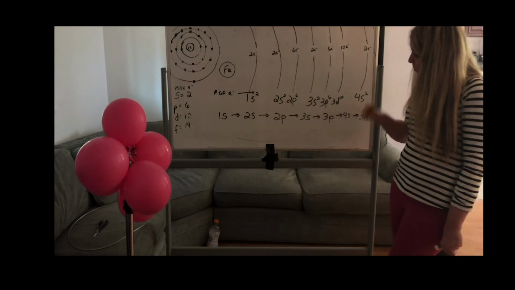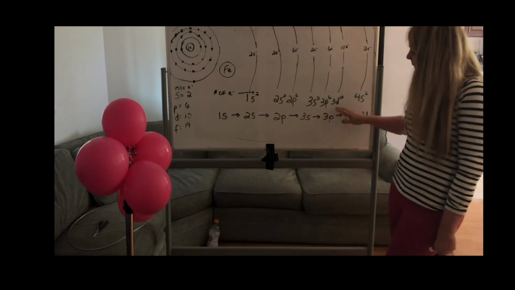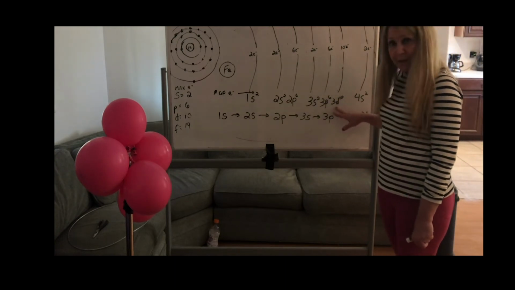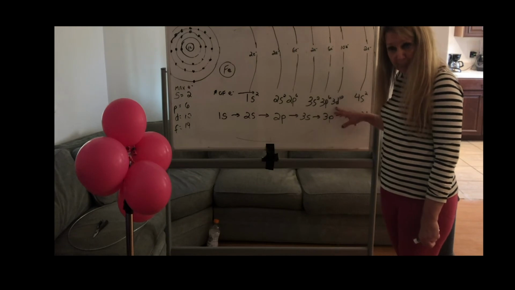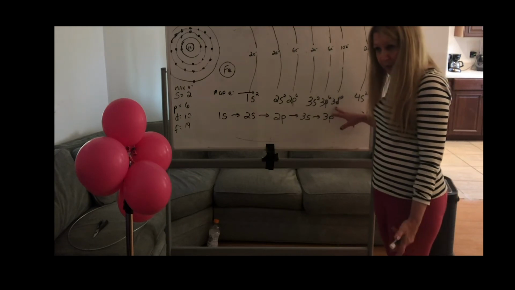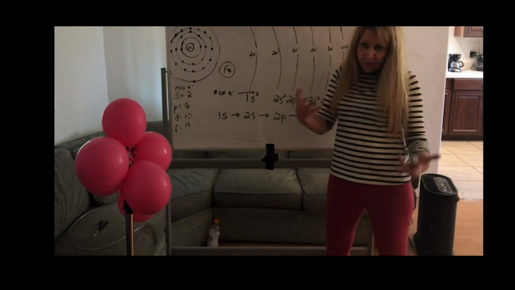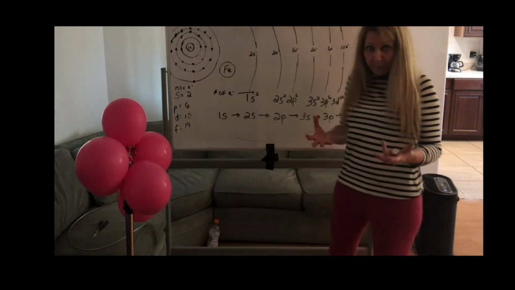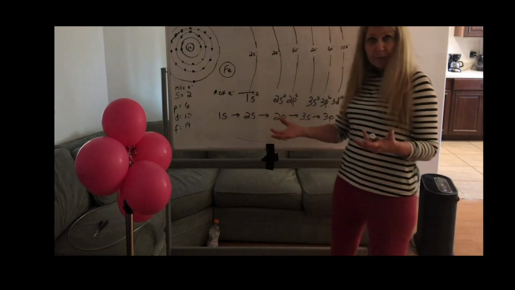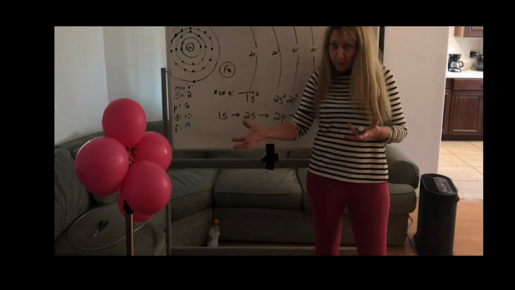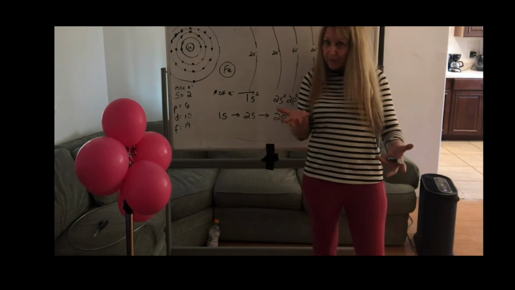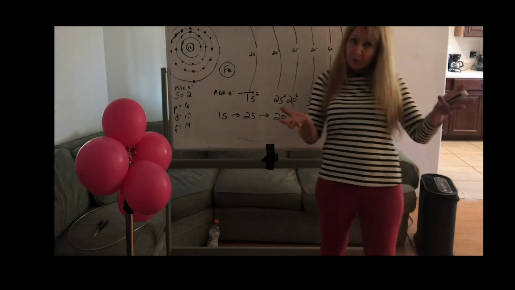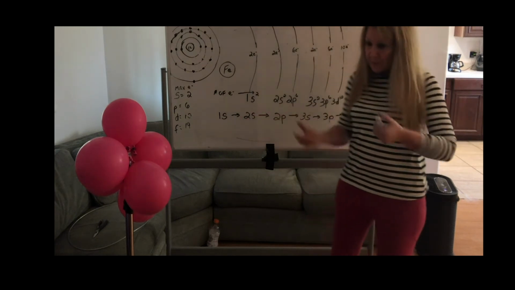We don't go to 3d, because 3d has to have 10 electrons to fill up to maximum capacity. But remember, electrons really want to fill up the spaces available. Like when you get on a roller coaster ride, you don't want to be the only one in the entire row, because you don't feel comfortable. You don't feel stable. You feel like there's something wrong with the roller coaster. Why is nobody else on this row but me?